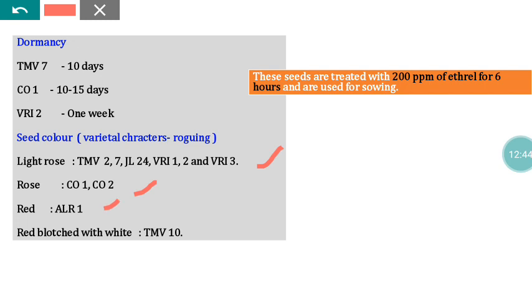Then red color kernels in the case of ALR1, and red patches with white in TMV10. So this information will be useful for seed producers. If ALR1 is mixed with TMV10, based on the kernel colors we can separate the seeds. So this information will be useful to maintain the genetic purity of your seed material.